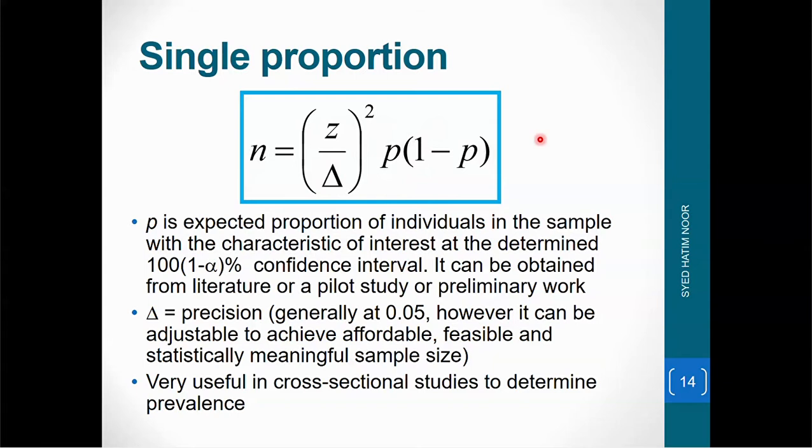Before I forget, for single mean, I asked you to download PS and also Epi Info. For these two software, the single mean calculation is not available, so you have to calculate manually.